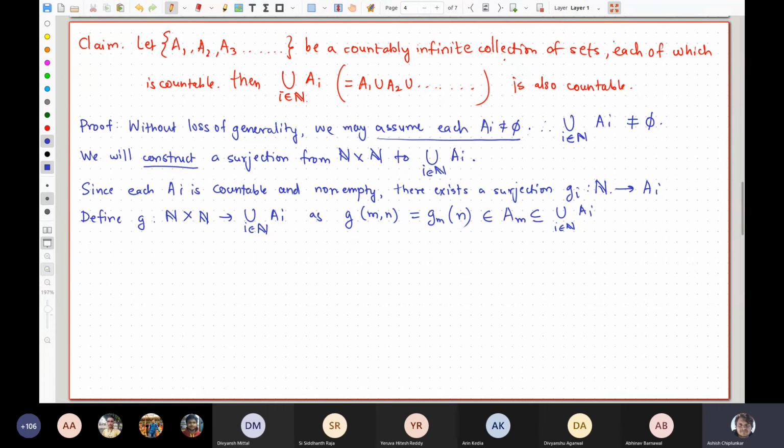It takes every element of the domain into some element of the codomain. So this is a legitimate function. Now why is this a surjection?